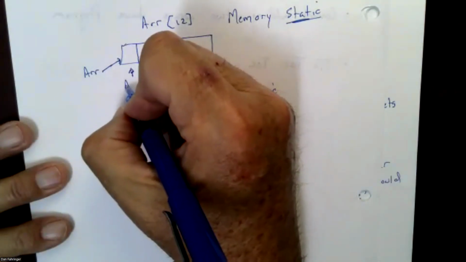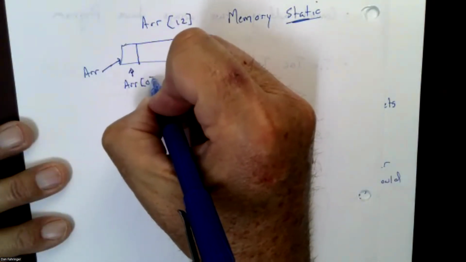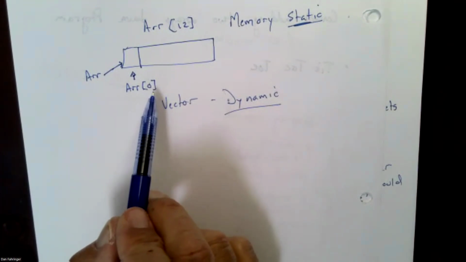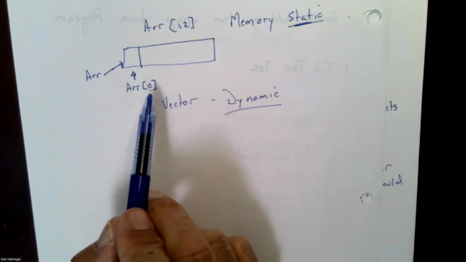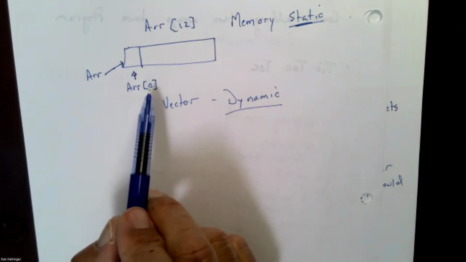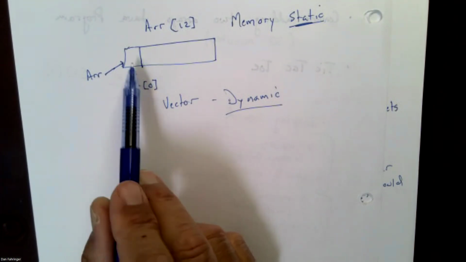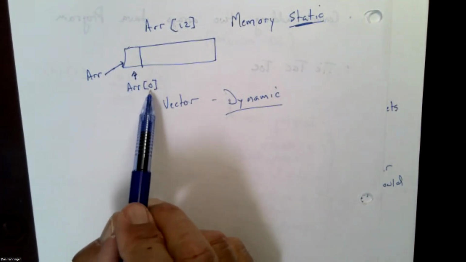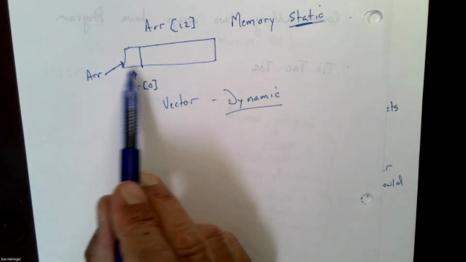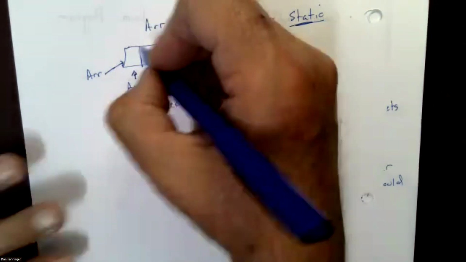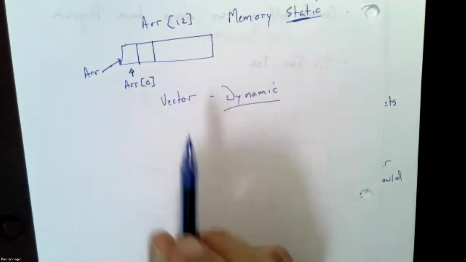This guy is array sub zero. This says move over 0 times the size of the data type. Moving over 0 times 4 bytes. Each takes up 4 bytes. This guy will then move over another 4 bytes.